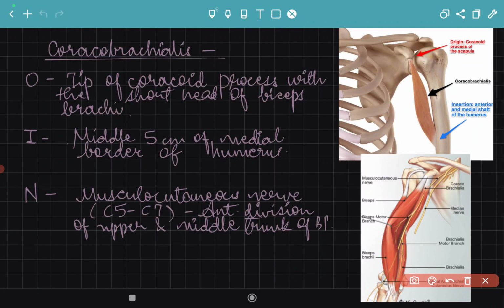Now coming to the nerve supply. The musculocutaneous nerve innervates coracobrachialis, with nerve root C5 to C7, and this comes from the anterior division of the upper and middle trunk.